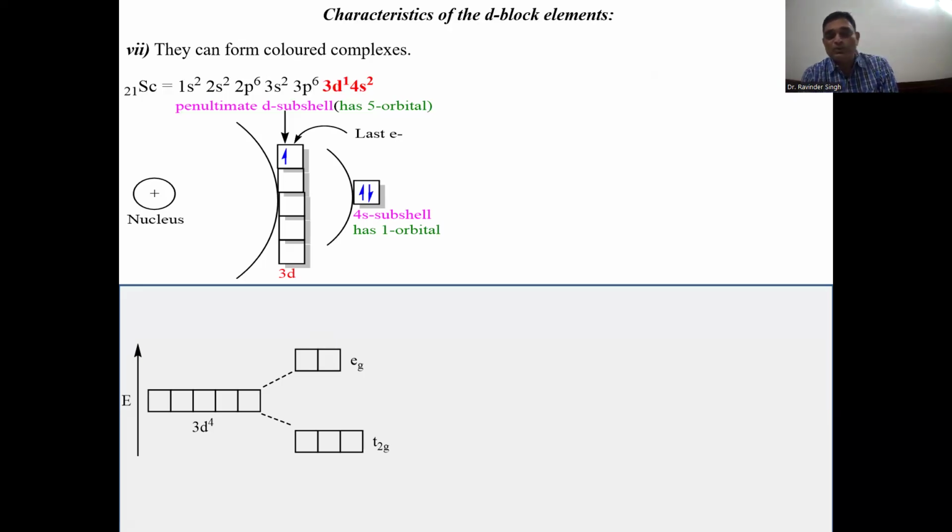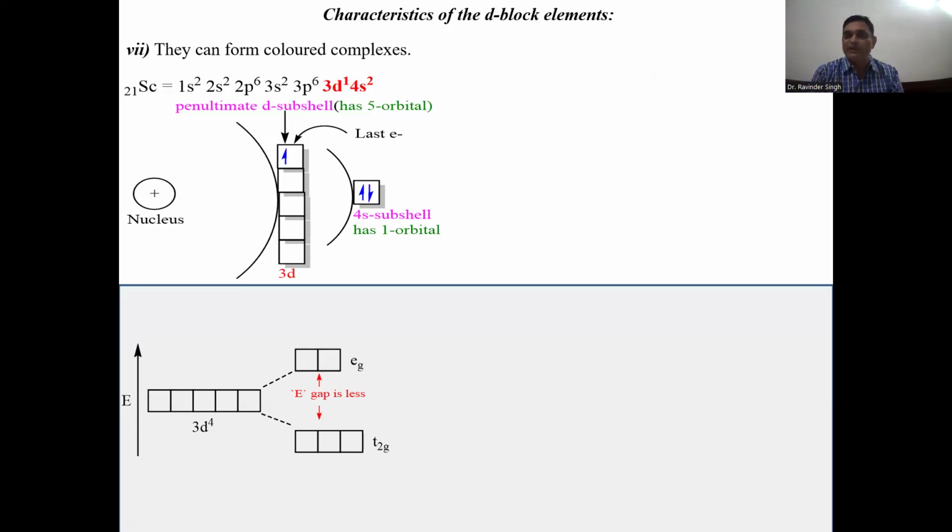The energy gap depends upon the number of surrounding species. If the surrounding species are fewer in number, the gap is smaller. If they are more in number, the gap will be larger. As we are discussing octahedral and tetrahedral complexes, in octahedral there are 6 surrounding ligands, so the gap between T2g and Eg will be larger. In tetrahedral complexes, the gap will be smaller, because there are only 4 surrounding ligands.